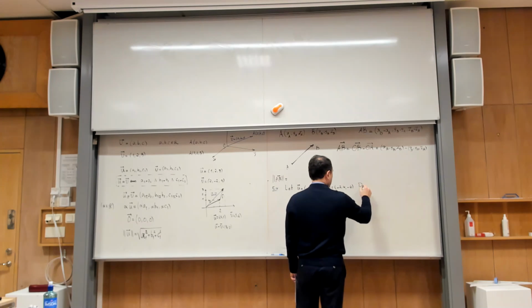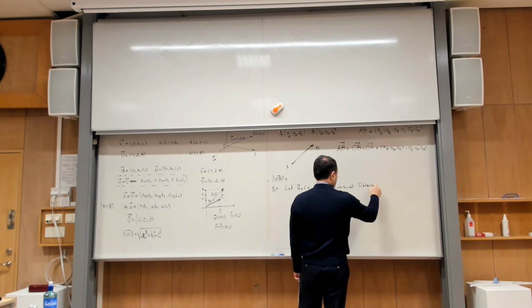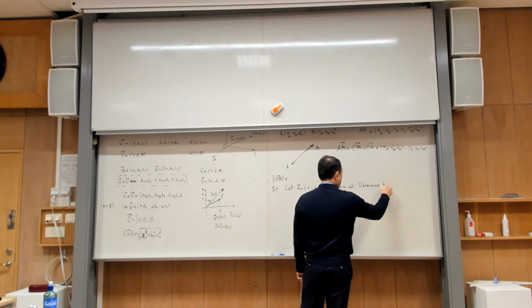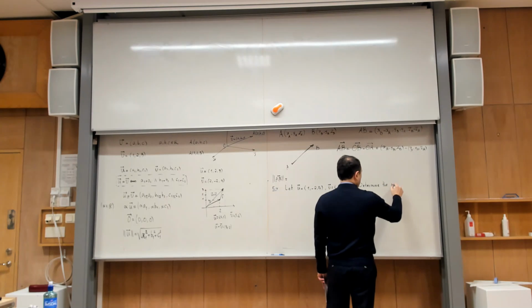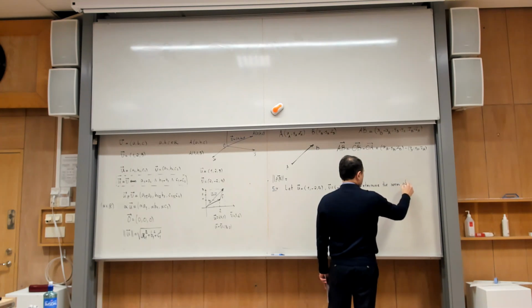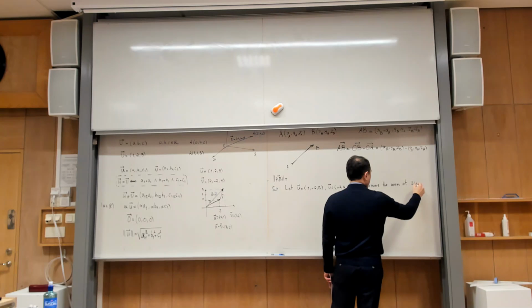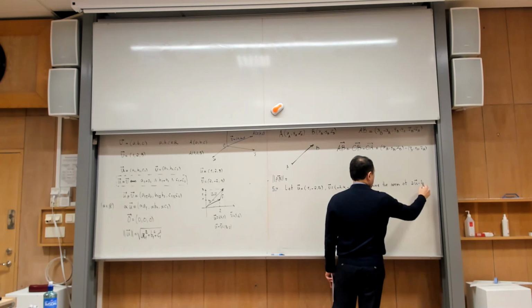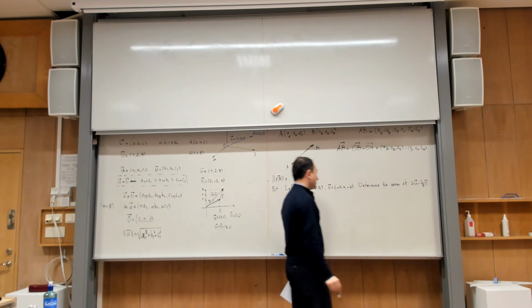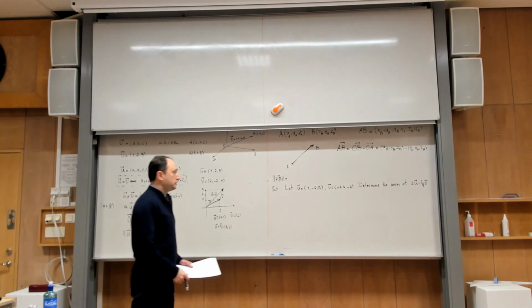Determine the norm or the length of 2u minus a third v. So we want to determine the norm of this vector.